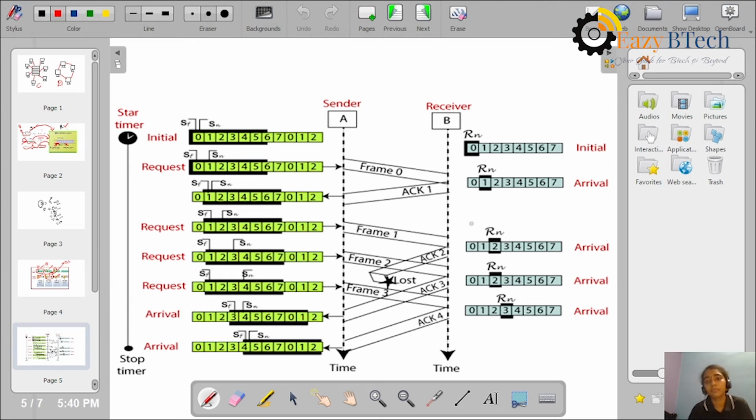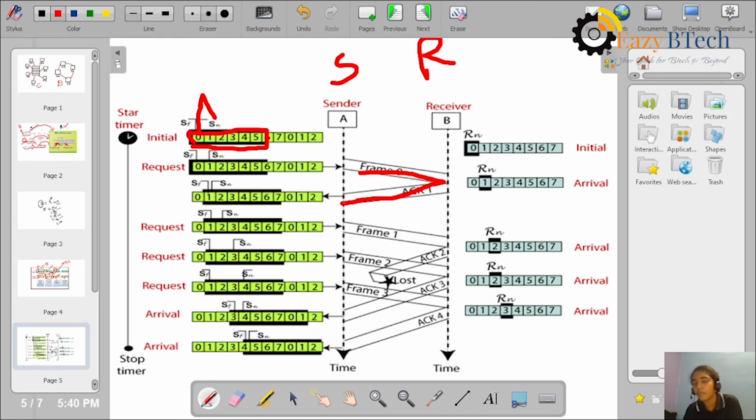See, this is the sender and this is the receiver. We have frames in a sliding window. This is the sliding window moving. Whenever frame 0 is sent in this window, I'll get an acknowledgement. Whenever the acknowledgement comes from the receiver, only then does the window move from left to right on the sender side.